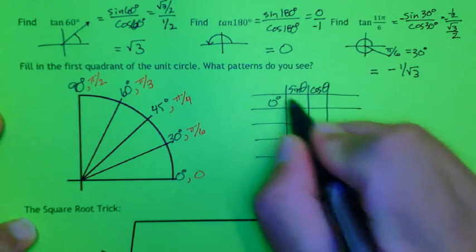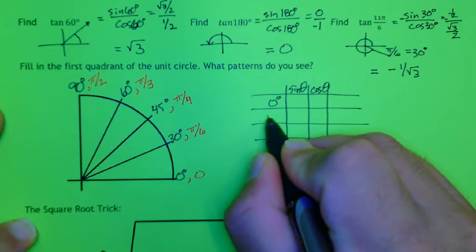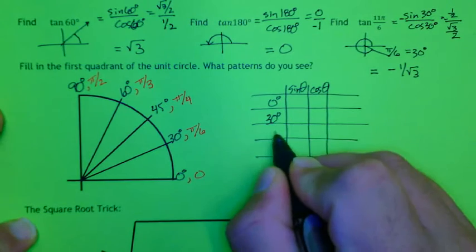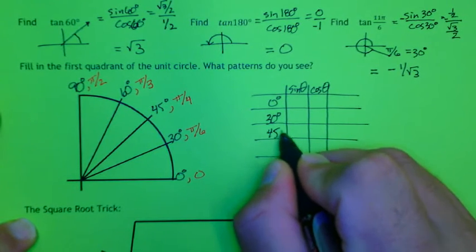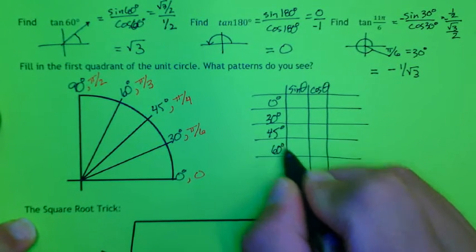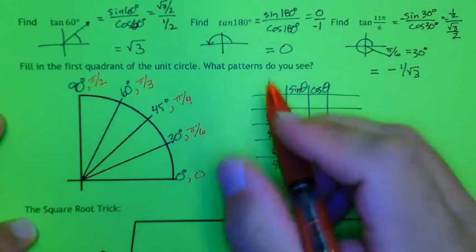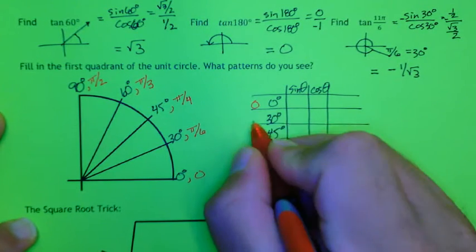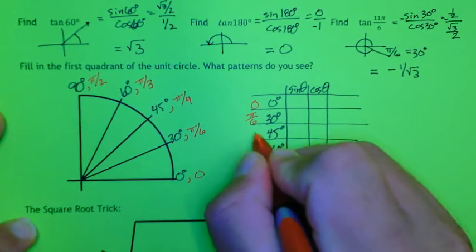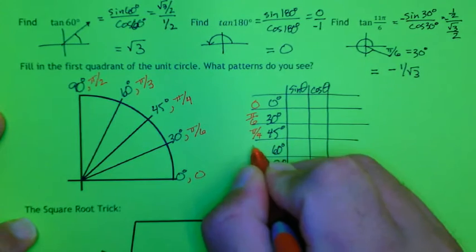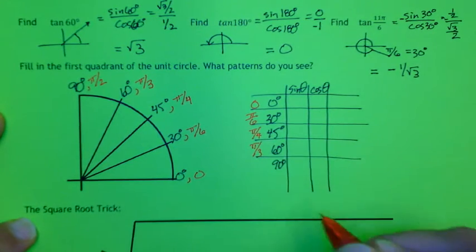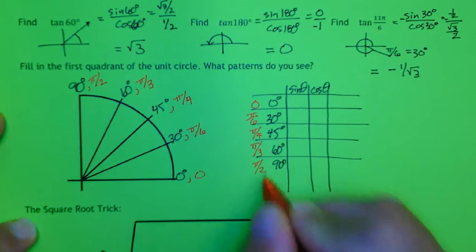We know we're going to have 0 degrees, 30 degrees, 45 degrees, 60 degrees, and 90 degrees. We know that that goes with 0 radians, pi over 6, pi over 4, pi over 3, and pi over 2.